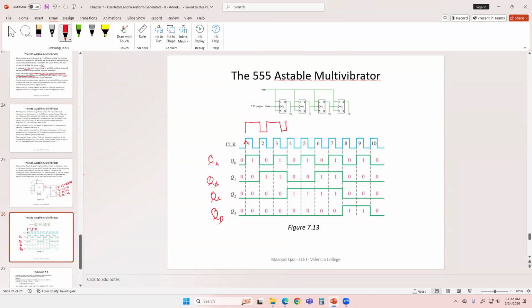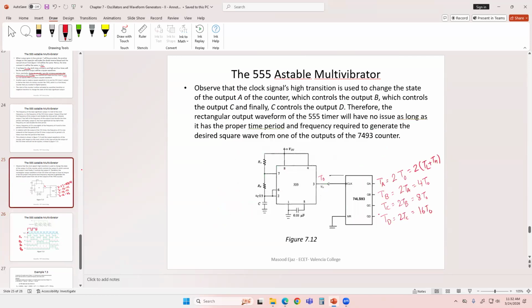So when this clock is connected to the output, irrespective of what the high and low time are, what matters is when you're going to have the positive edge or negative edge, which is happening after one time period. So irrespective of what the high time is, what the low time is, it doesn't really matter. It's only the edge that counts.